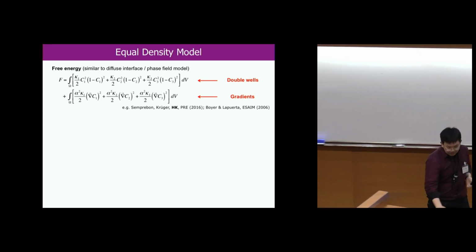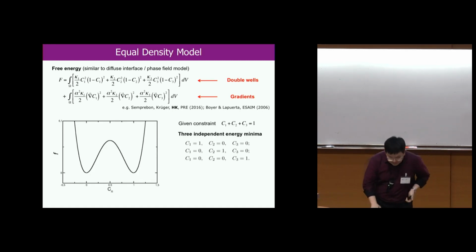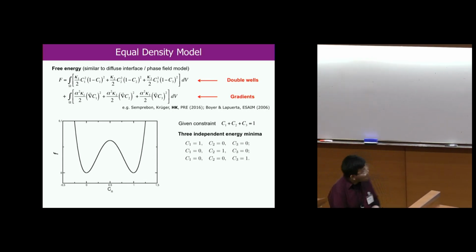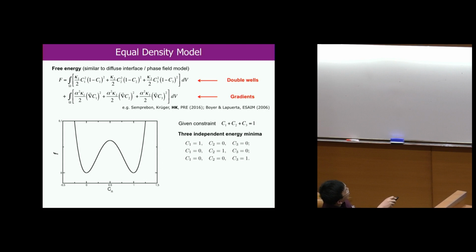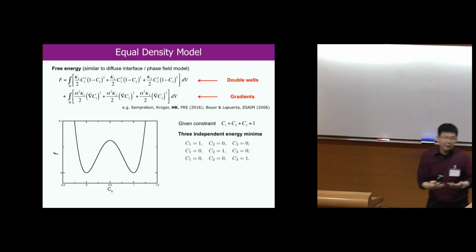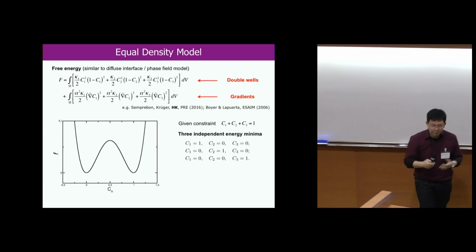So it's a very simple construction. If you take a constraint where the sum of the compositions is 1, there are 3 bulk phases corresponding to the first fluid, the second fluid, and the third fluid. Very simple. And the gradient terms are there to give you surface tension, so very similar to the binary case. The structure of the equation is very similar.